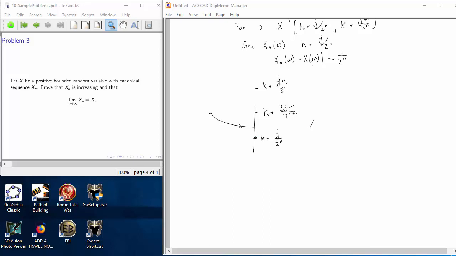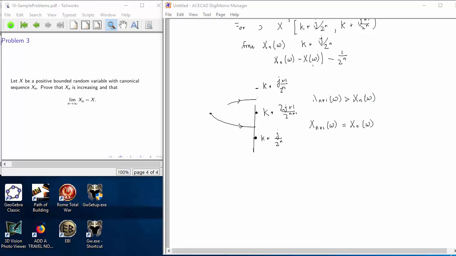So in that case, x sub n plus 1 of omega is equal to x sub n of omega. But if omega led to a value in the top half of this subinterval, in x sub n, I rounded it all the way down to there. In x sub n plus 1, I only round it down to there. And so in that case, x sub n plus 1 of omega is greater than x sub n of omega.